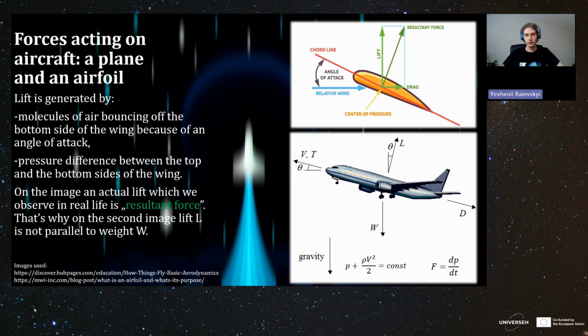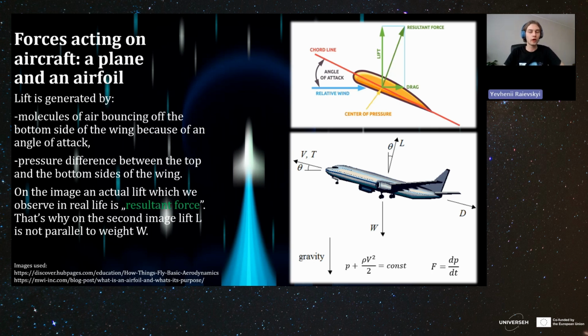And from the third law of Newton, we also know that if there's some action, there needs to be some reaction, and the reaction will be this force going up. This force causing the aircraft to go up is called lift, represented here with this green arrow.